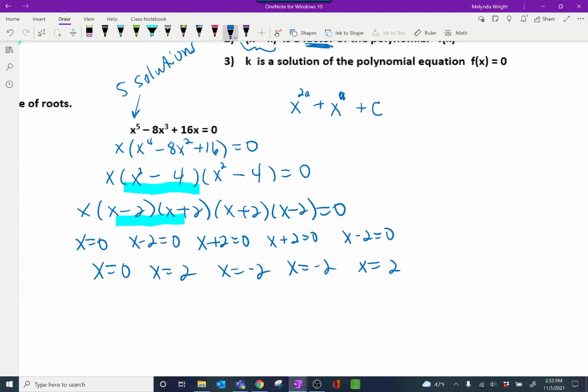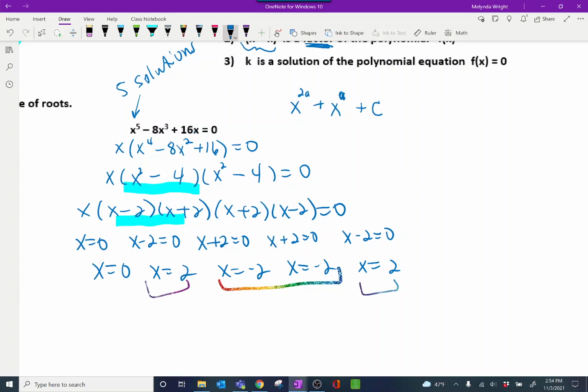So here I've got something called repeated factors. See how these two, I've got an x minus 2, that's just a repeated factor. And I have these two that are repeated. And so when we have repeated factors, we have a little technique that we use called multiplicity.